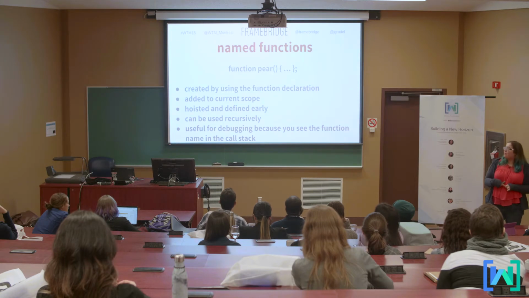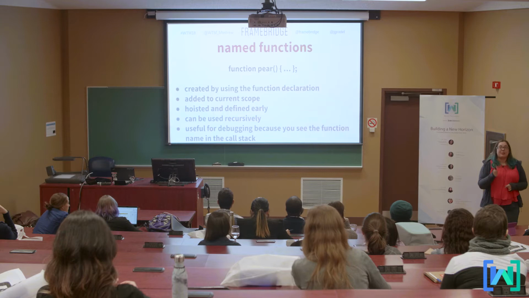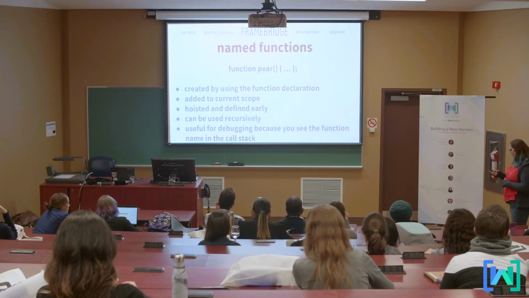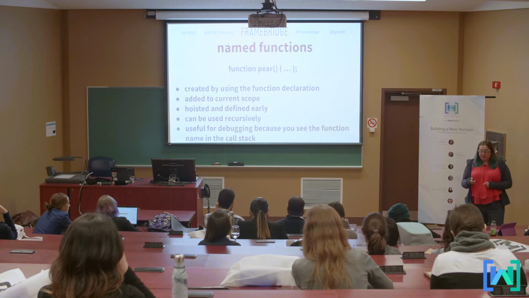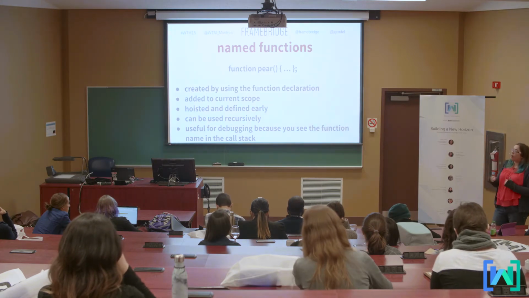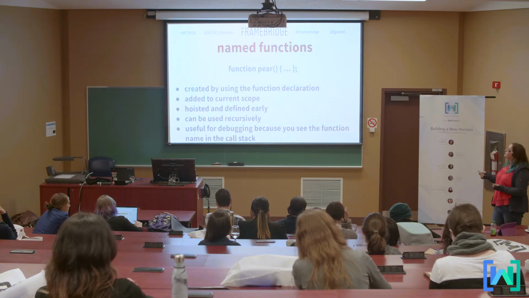And that means that by the time it does go through the code inside of them, the function has been defined, which means we can use recursion. They are also very useful for debugging because you'll see the name of them in the call stack of how you got to the error that you're seeing.